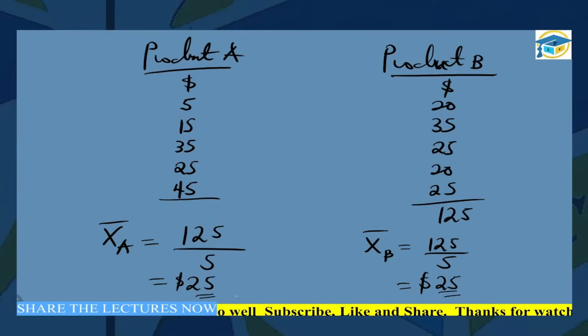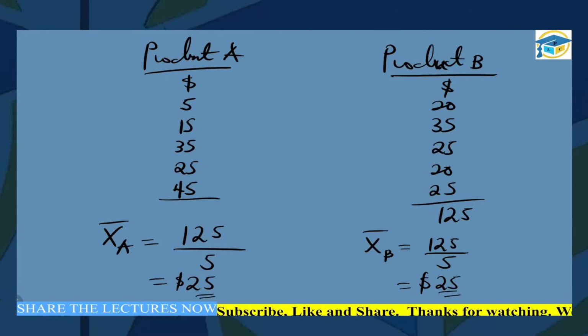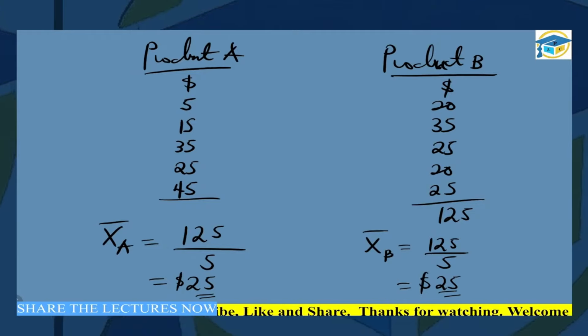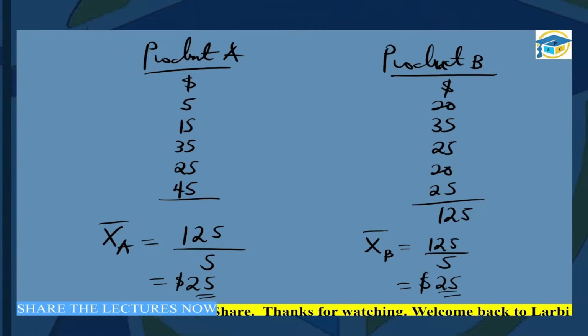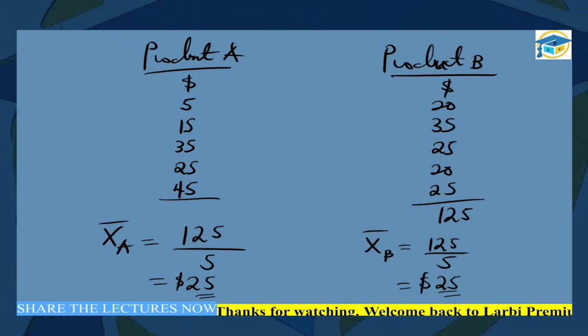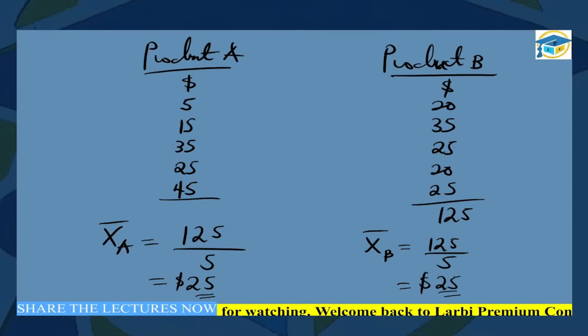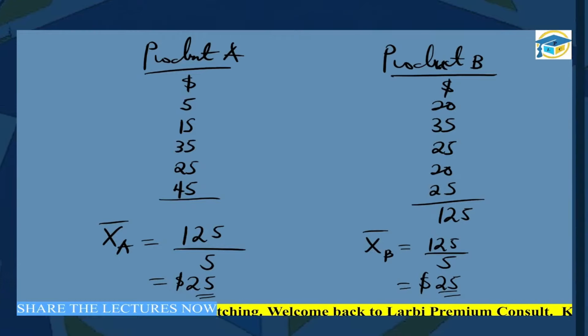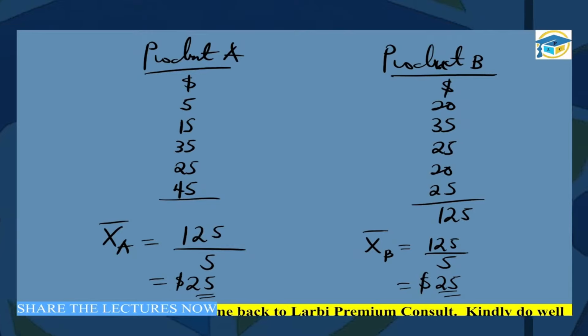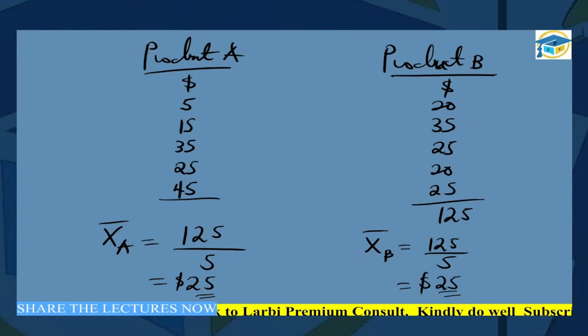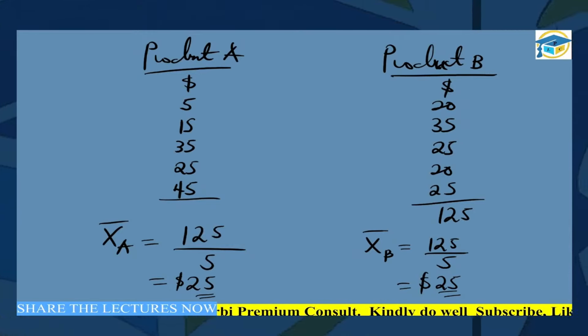So what is happening here? You can clearly see that in terms of their average, the price changes were the same. But this won't help us understand deeply how the data is spread or how the changes occurred between product A and product B in terms of their pricing.